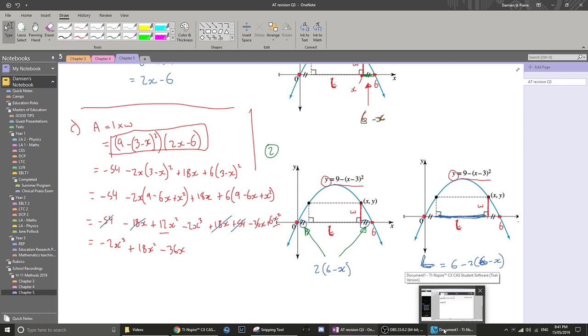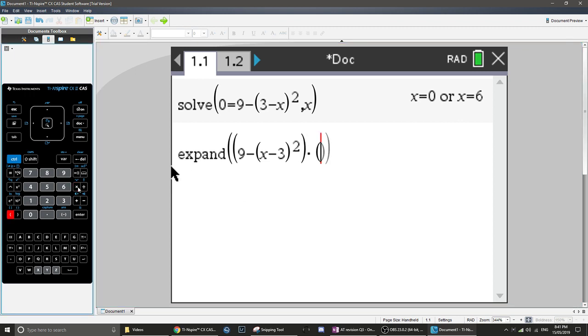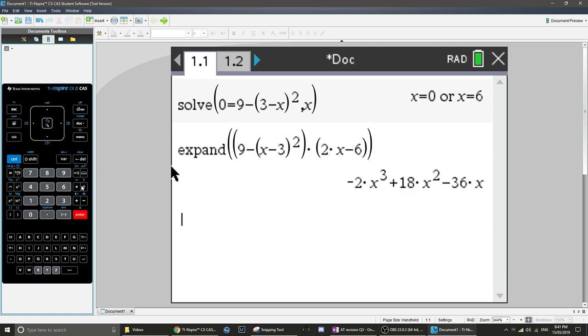So let's try that. So expand, we had brackets 9 minus x minus 3 all squared, close bracket, times bracket 2x minus 6, close bracket, close that bracket, enter. Oh, look at that, gave us the answer. Much quicker.